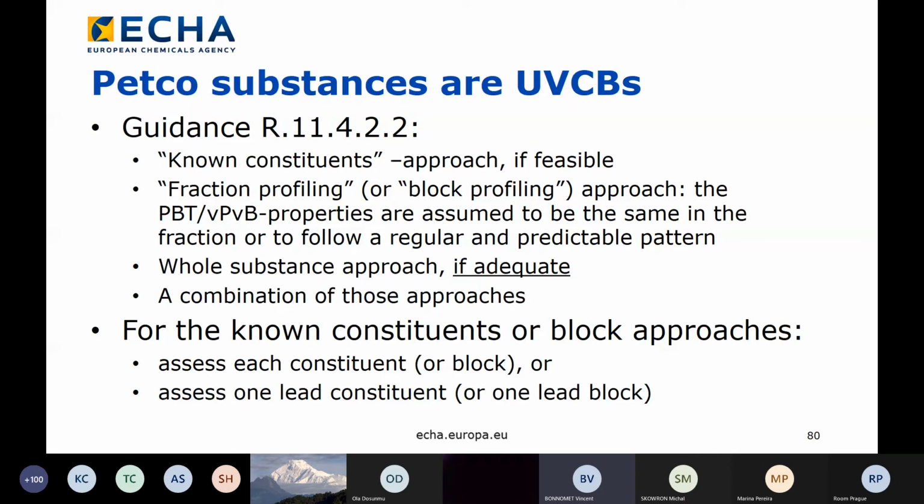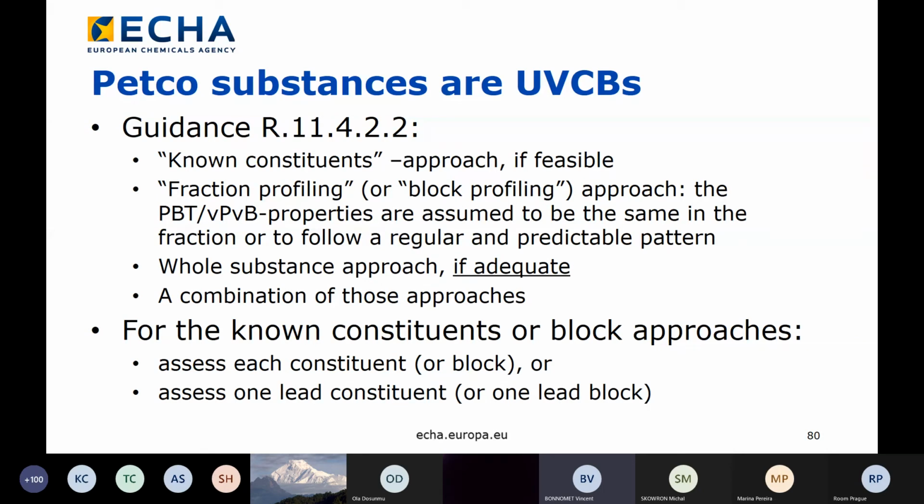And if you can establish that it will represent a worst case situation, so if you can demonstrate that your constituent or block is most likely to be PBT or vPvB, then you can test and conclude with confidence with this constituent or with this block.